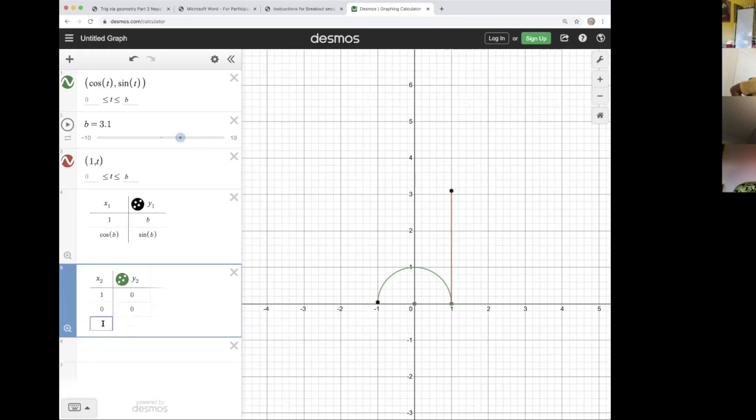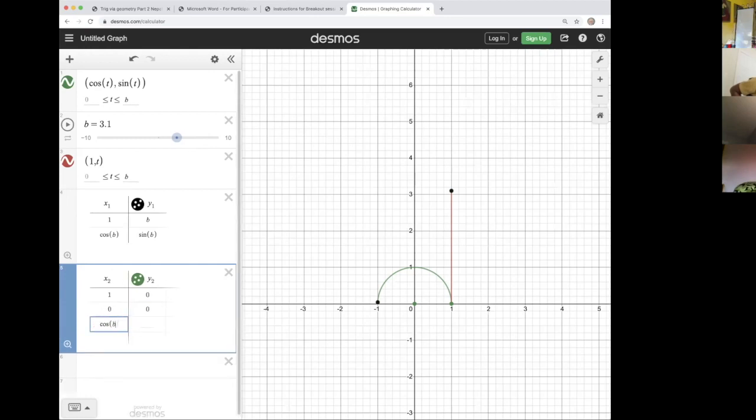And then I'm going to go to the point on the unit circle, which would be cosine of b, sine of b. Okay. And then if I press on this dot and hold it, it will let me draw lines connecting the points in the table. And then that will make it look like an angle. So as I move b, I've got this central angle of the circle, right? That's very cool.